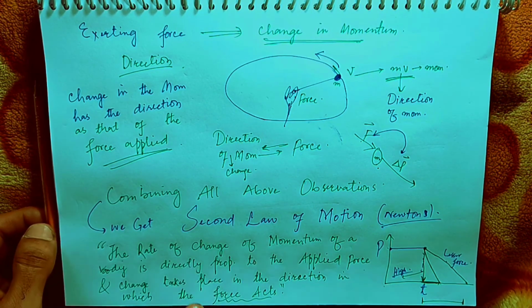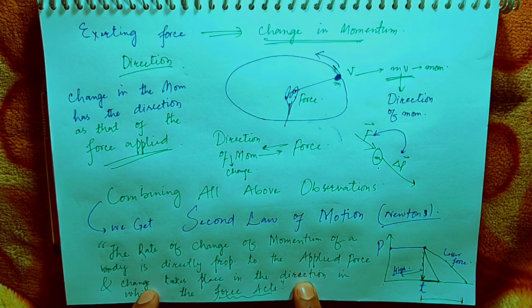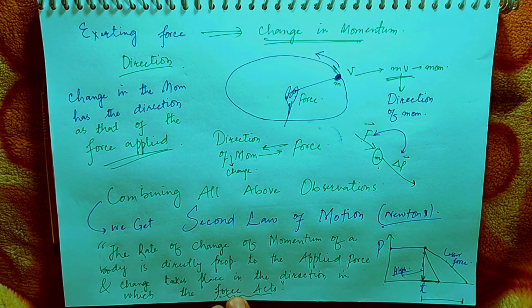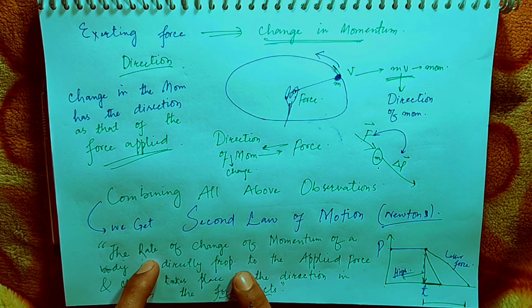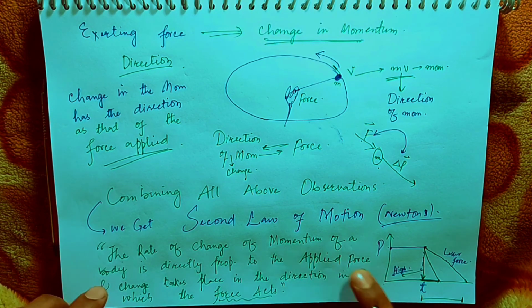This is important. That is, the direction of the change in momentum is determined by the force acting on the body, and the rate of change of momentum is directly proportional to the applied force.